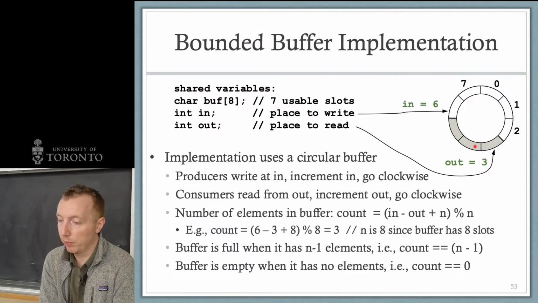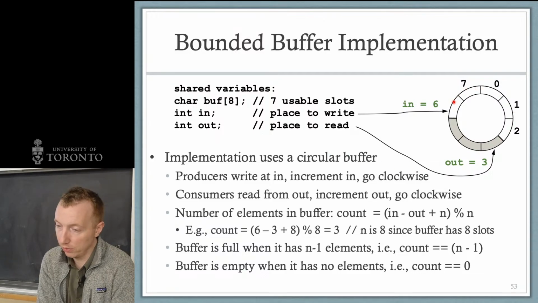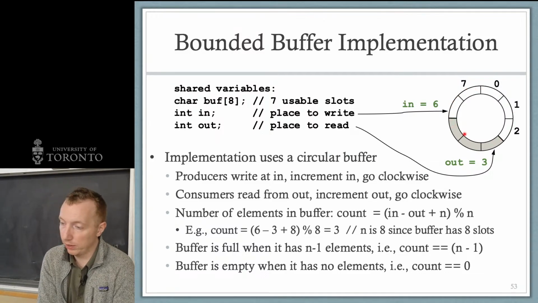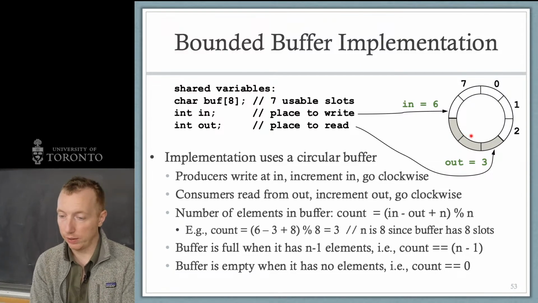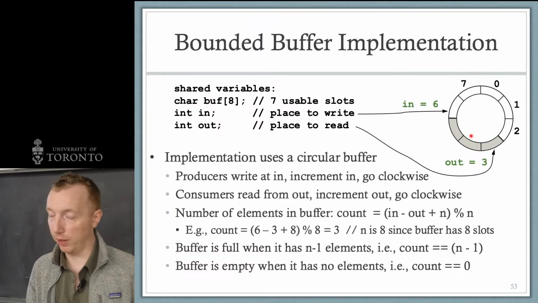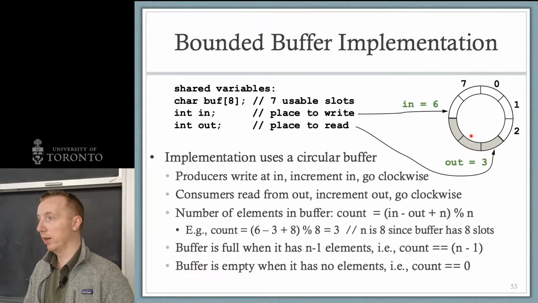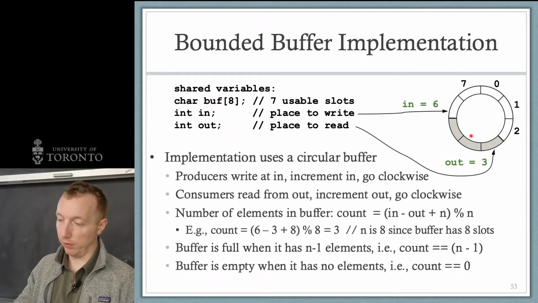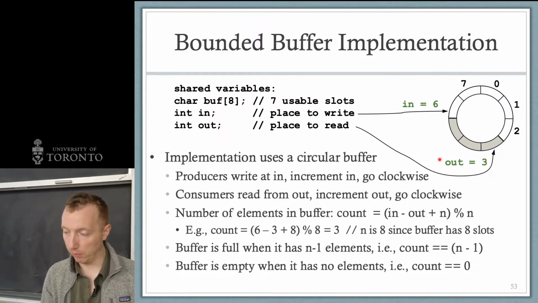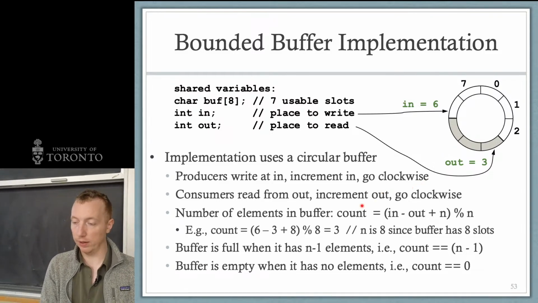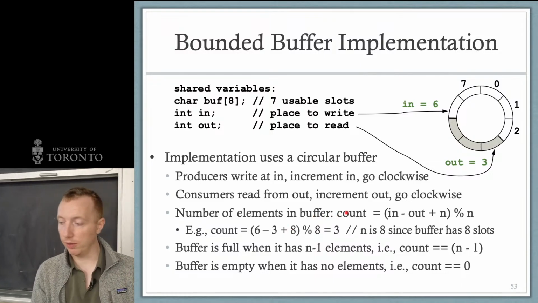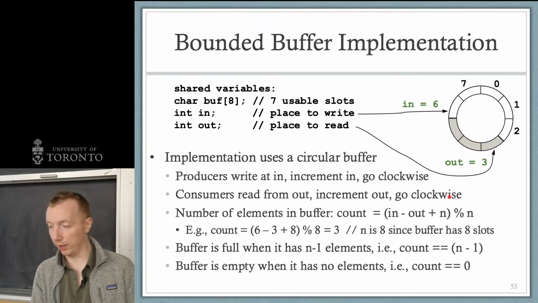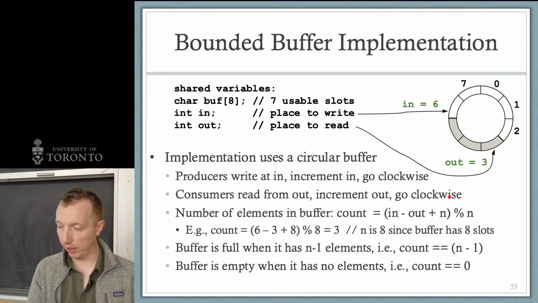The producers will write at in, increment it, and go clockwise. It's a circular buffer, and consumers will also read from the same thing. So if there's a filled slot, it should read from it. If there's no filled slot, it should just stop and wait for data to come in. The number of elements in the buffer, you can just count how many are used, like the difference between the in and the out.